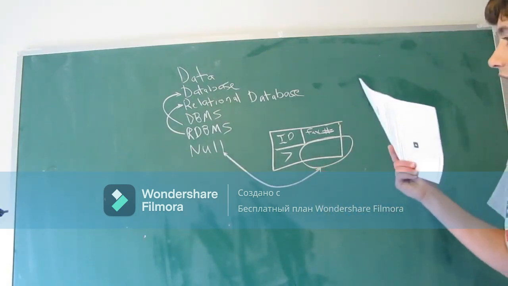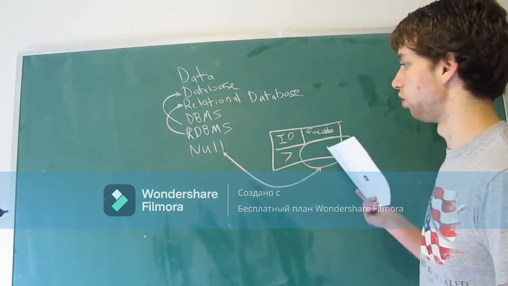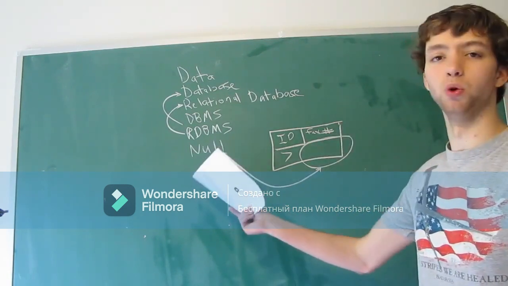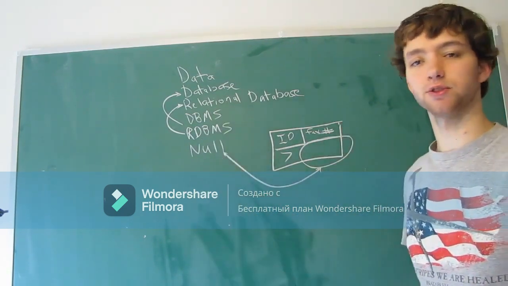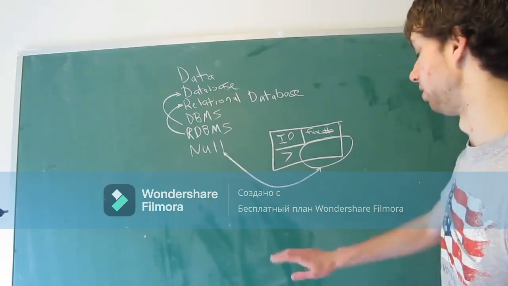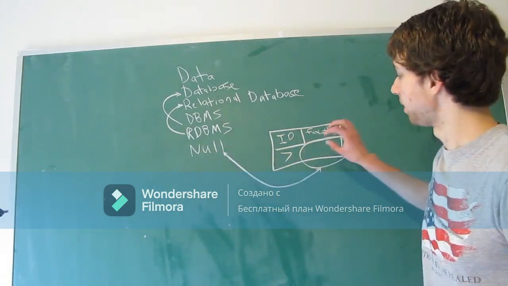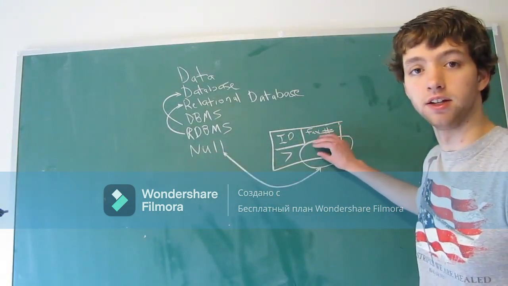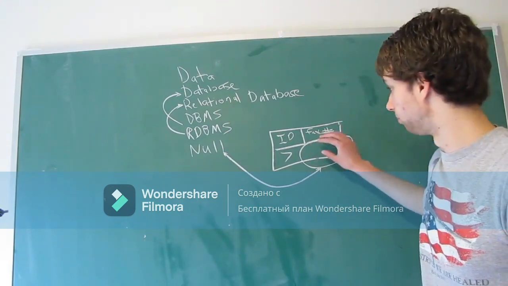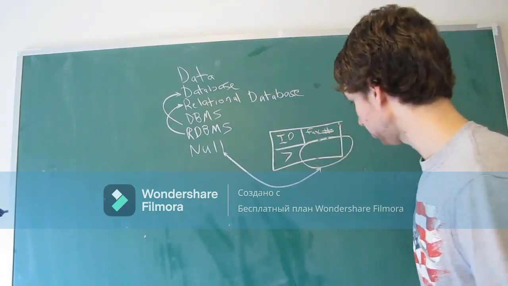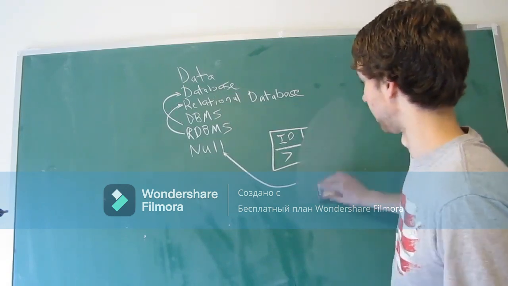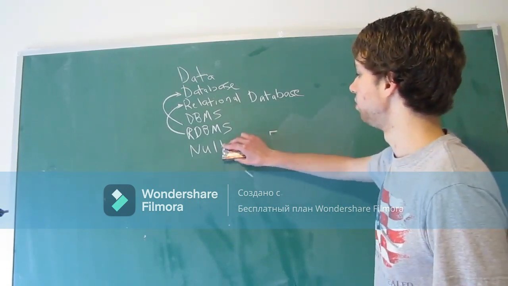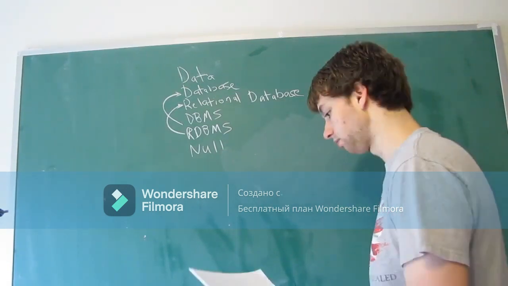So basically, you'll hear empty value, although by definition, null means no value, so it's kind of a bad definition, but who cares? Null basically means there is no data in that specific field. And we'll be getting into more terms like that in a second. So that is what null means. That's one you will need to know.